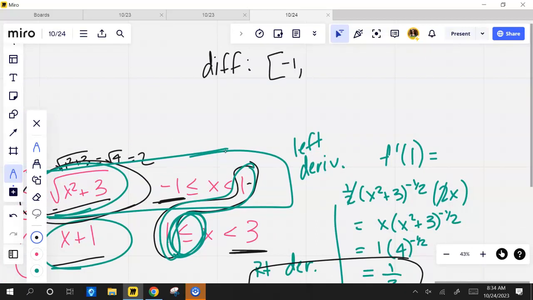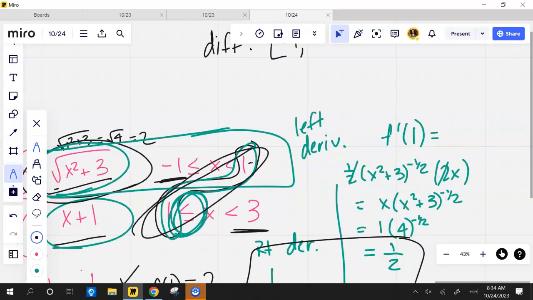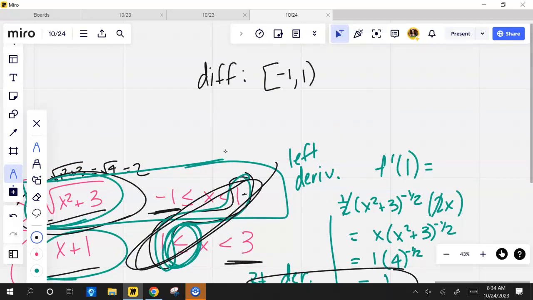Then I have to leave out 1 because it's not differentiable there. The left-hand derivative and the right-hand derivative are not the same. So I'm going to stop at 1, and then it's differentiable everywhere else. Does that make sense? Do y'all see how we found it?